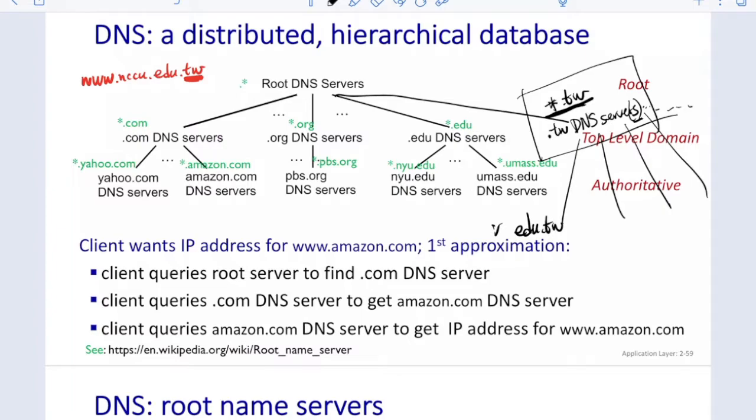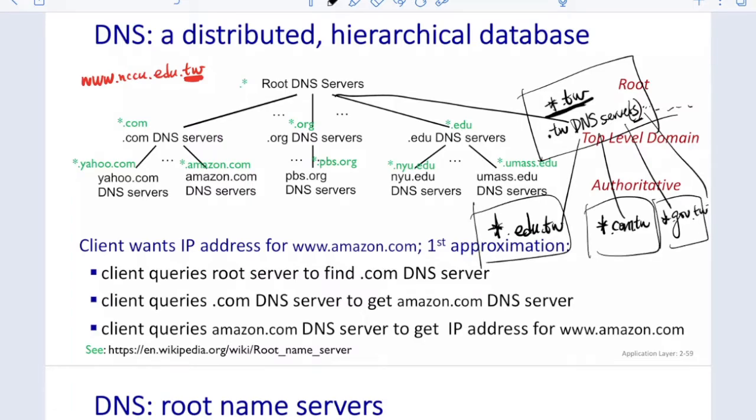So for example, edu.tw, com.tw, gov.tw, and so on and so forth. And there should be a lot of different servers which are responsible for, for example, .edu.tw, .com.tw, .gov.tw.